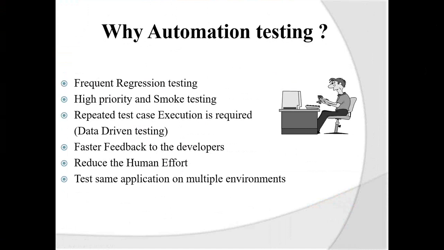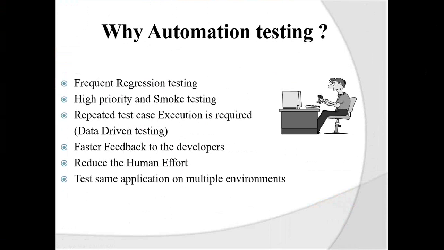If someone is not clear, I can explain. No worries. And high priority and smoke test cases. So smoke and regression test cases, or high priority smoke test cases or sanity test cases, are what we are going to automate. Repeated test case execution is required.